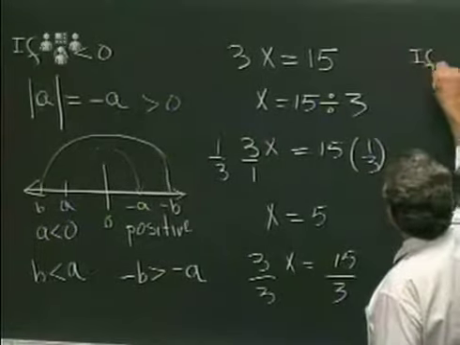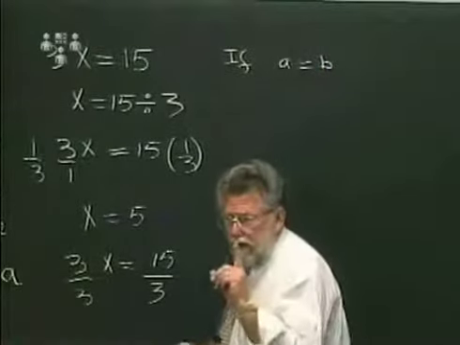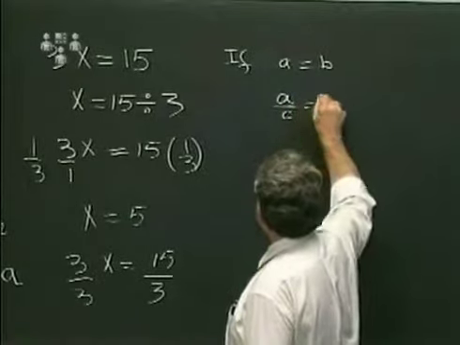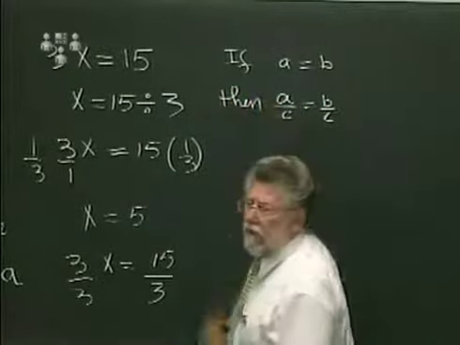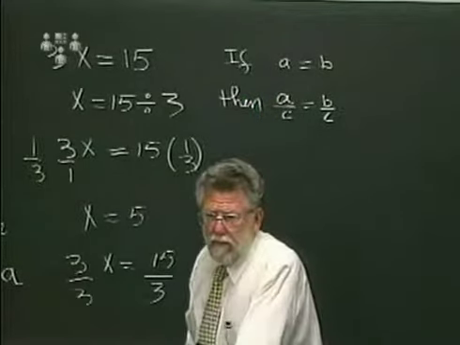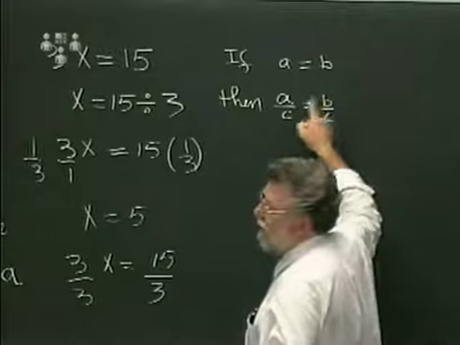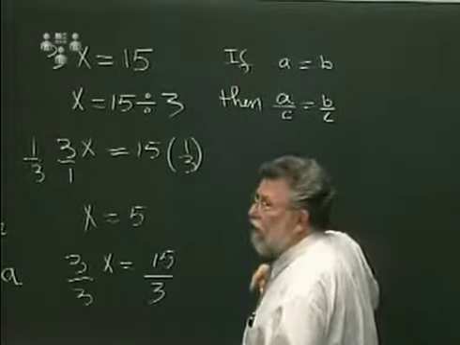If A is equal to B, then A over C equals B over C. This is another one of those that you have to put in your memory bank. If A equals B, you divide both sides by C. You need to get a bigger hard drive.